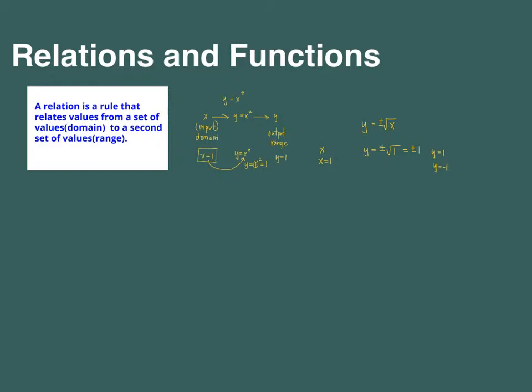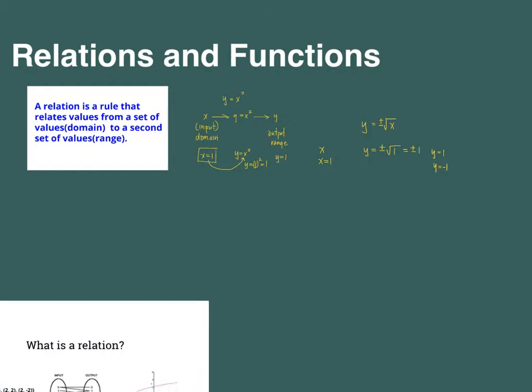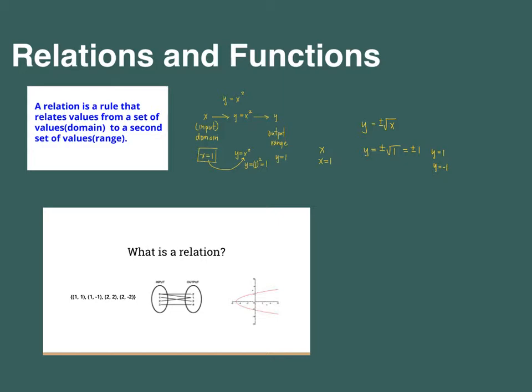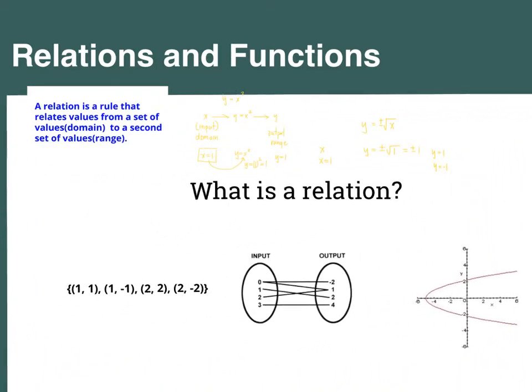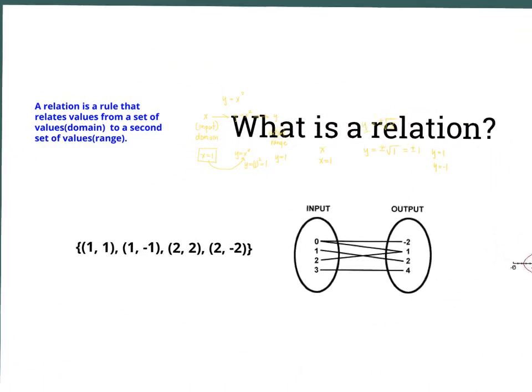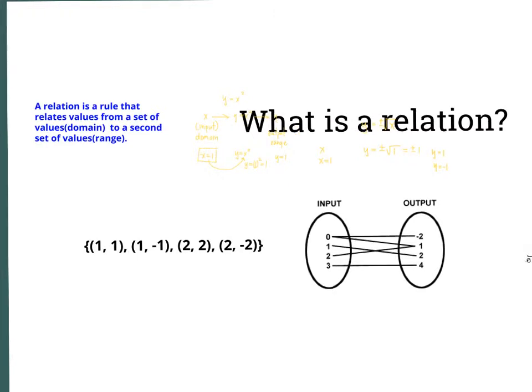Now, it should be noted that relations can be seen in different forms. For instance, we can have the following relations. The first one is a relation shown as a set of ordered pairs.